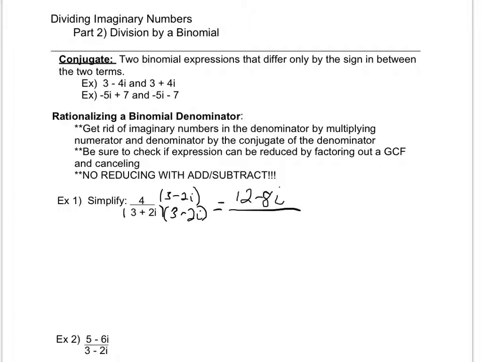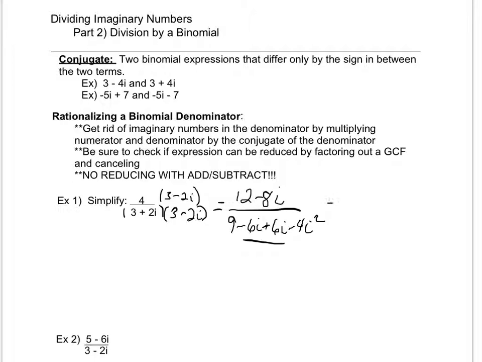8i. And on the bottom, notice what happens if I go through FOIL. First times first is 9, outside times outside is minus 6i, inside times inside is plus 6i, last times last is minus 4i squared. Well, because I multiplied by my conjugate, my middle terms end up dropping out.